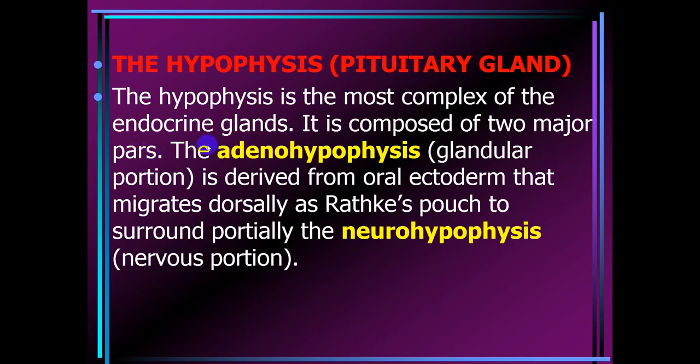So, the hypophysis is divided into two major parts. First, adenohypophysis. It is the glandular portion, consists mostly of epithelial tissue, and it is derived from oral ectoderm that migrates dorsally as Rathke's pouch to partially surround the neurohypophysis, the nervous portion.